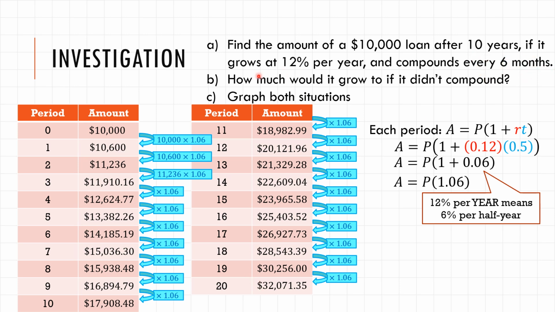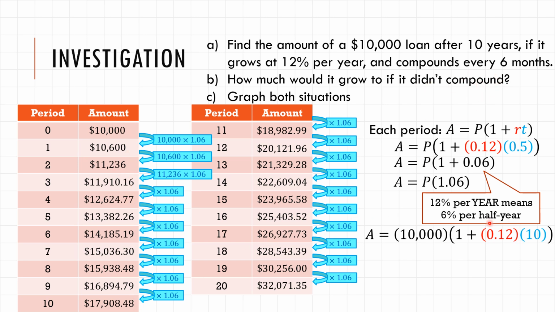But how much would it grow to if it did not compound? So using the simple interest formula, I will still keep this the same, except my rate is the same, the principal is the same, but my term is the full 10 years. So I don't need to do this 6% every single time because it's not compounding. It's not growing by 6% every 6 months.